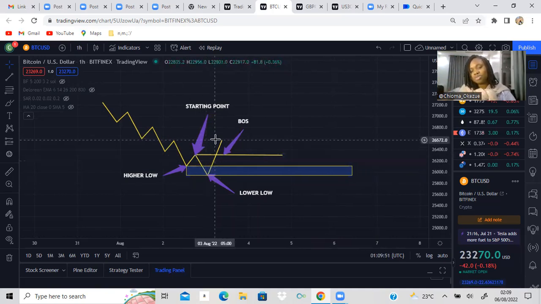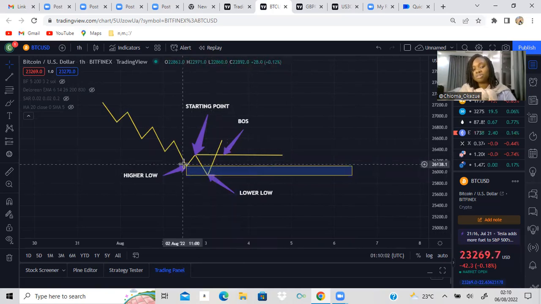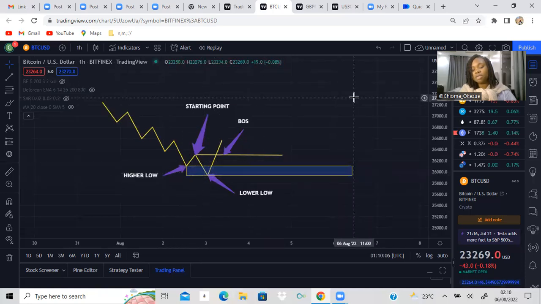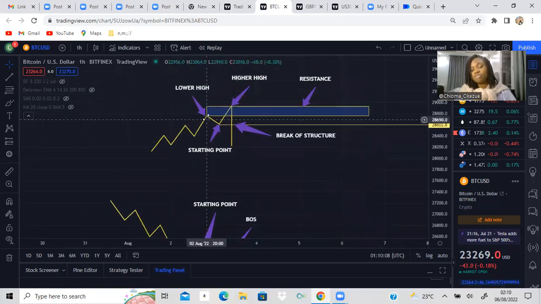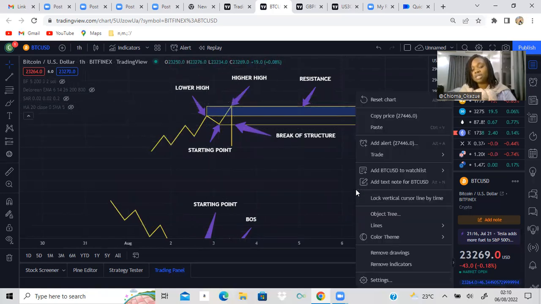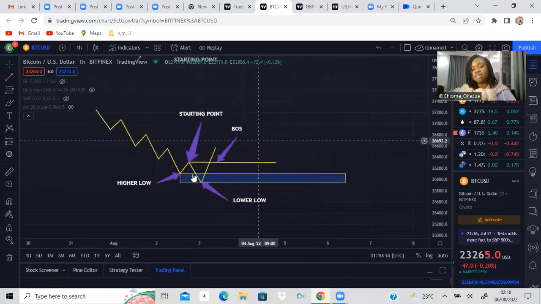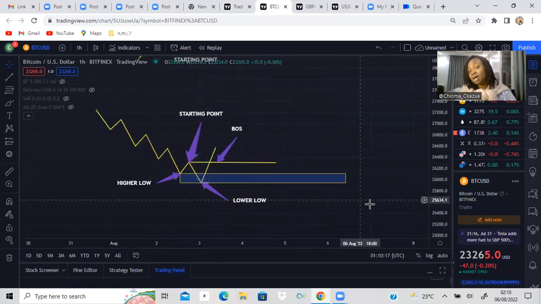I have broken structure. I'm going to be waiting for a retest to my resistance that I have created because of the higher low and the lower low. So all I have to do is draw a rectangle from the higher low to the lower low and pull, just like I drew a rectangle from the lower high to the higher high to get my resistance. So here I have my support because I'm going to be buying this market.